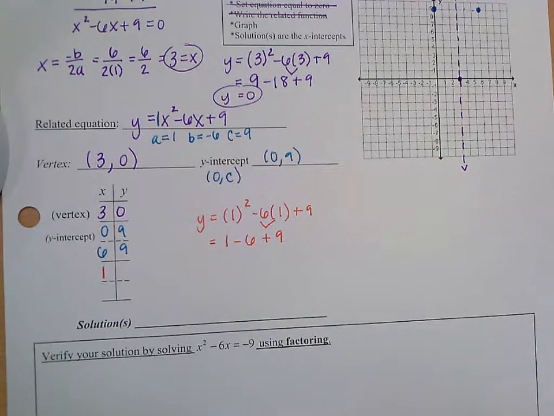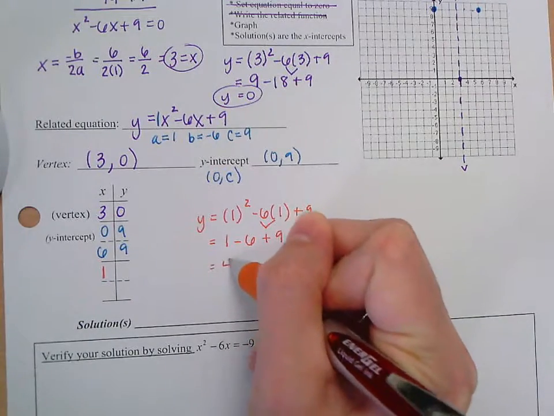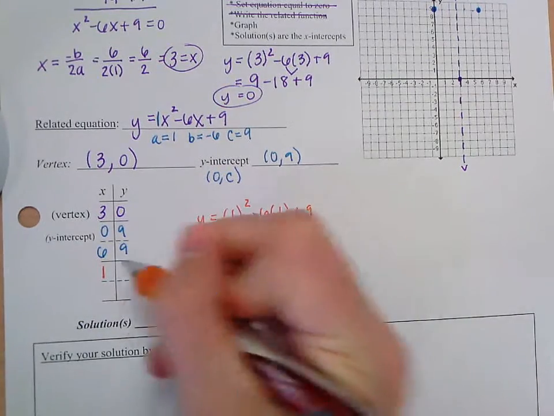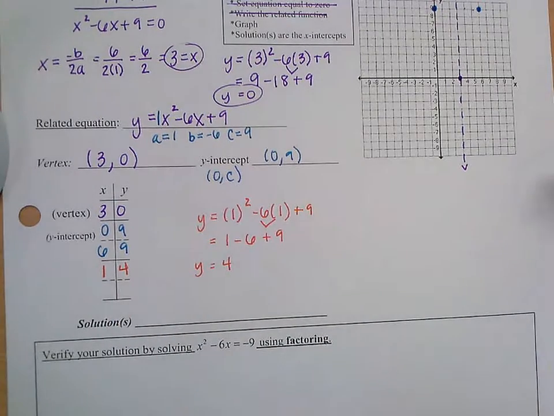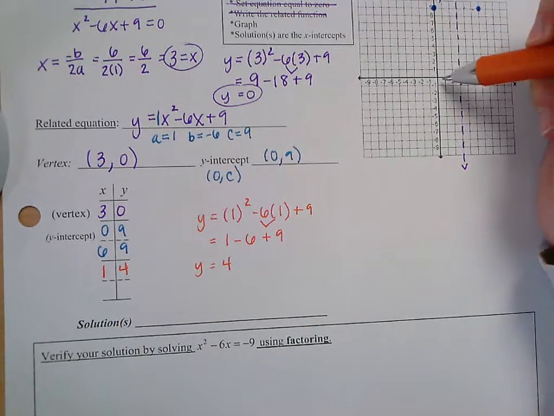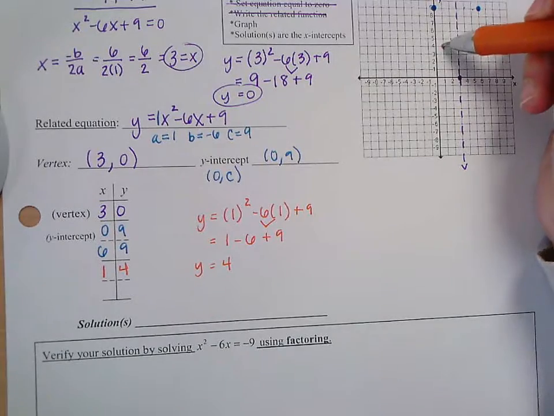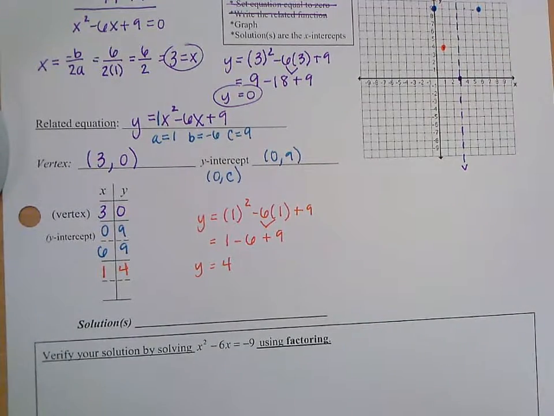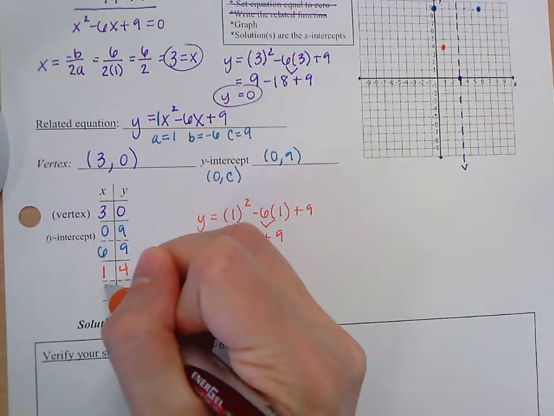And then plus 9. So 1 minus 6 plus 9 is positive 4. So I could plot (1, 4). And then if I reflect that over my line of symmetry, (5, 4).